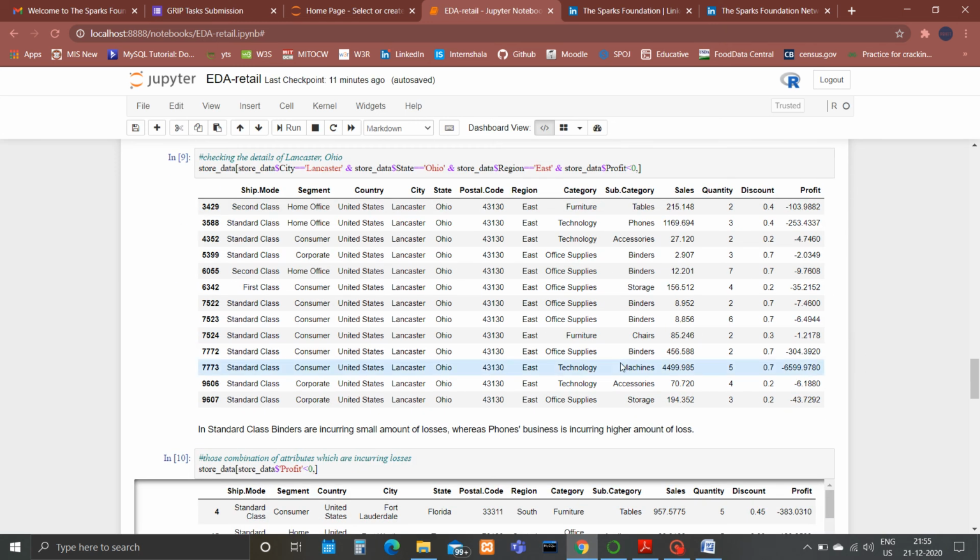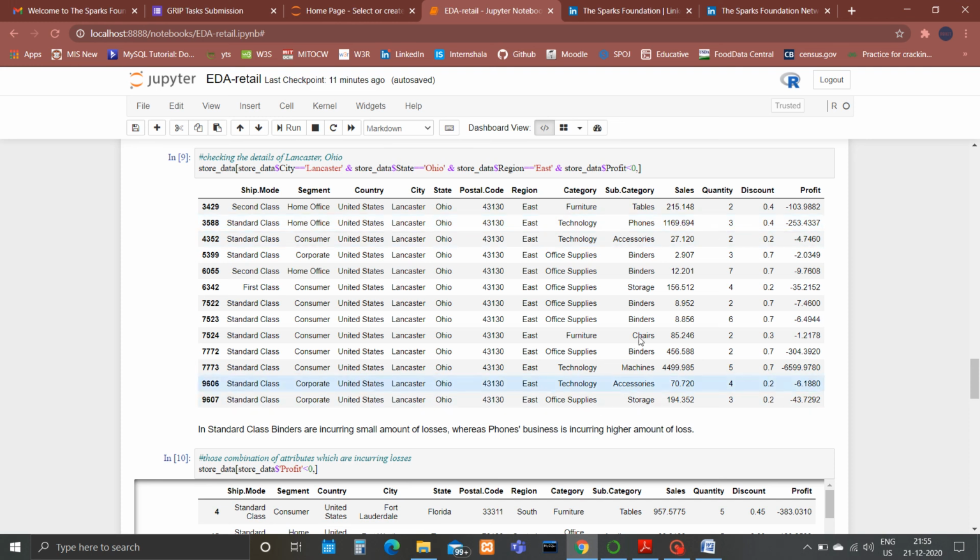And you can see that there are lots of binders here in the subcategory column. So these binders are incurring small amounts of losses. You can see the amounts like -9 and -6 and these, whereas this 300 and this 253, these are getting some huge losses, some bigger amounts of losses.